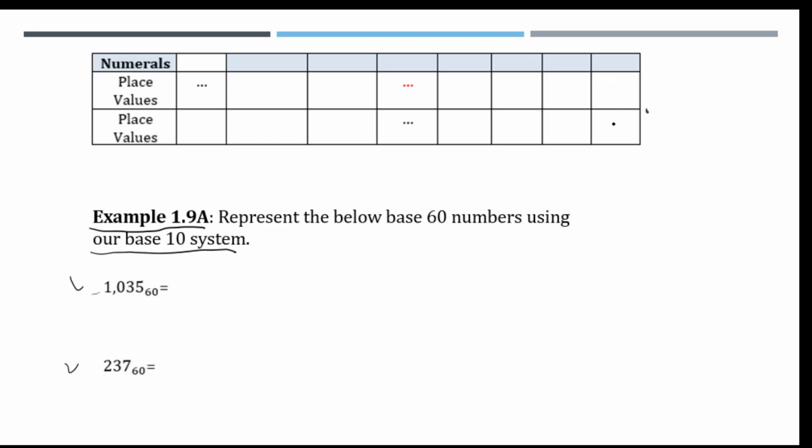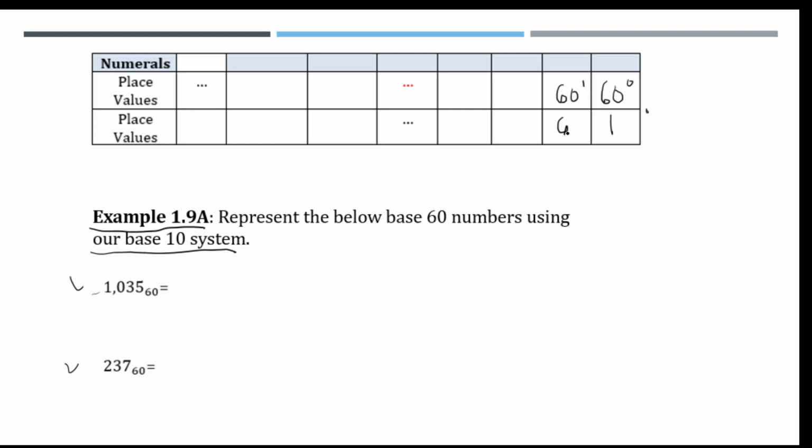So this would be the ones place. And that would be 60 to what power? If you guess 0, you'd be correct. Now this is not the tens place, because this is 60 to the first power.